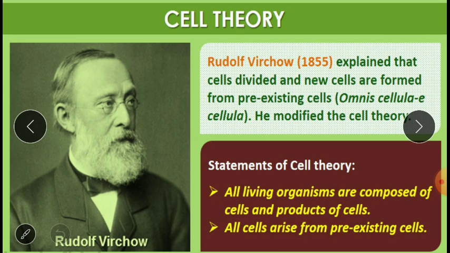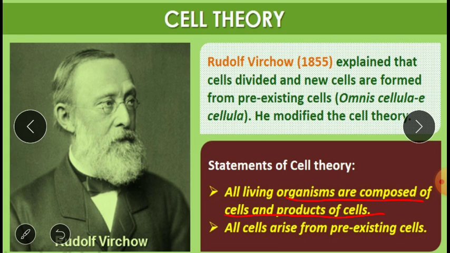Later, Rudolf Virchow said that whatever cells are there, they do not come spontaneously or form all at once, but are formed only by the division of pre-existing cells. Hence he modified the cell theory and finally stated that all living organisms are composed of cells and products of cells.